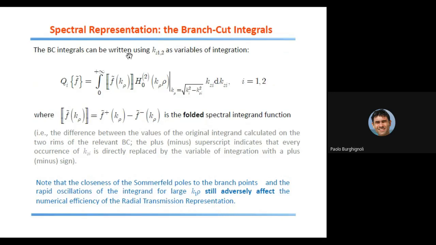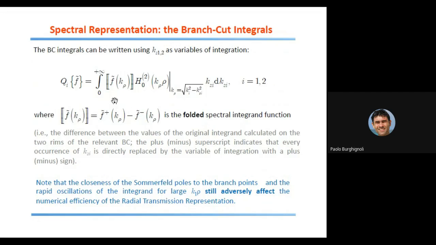The branch cut integrals can be written in particular by changing the variable of integration from k rho to kz. And of course, you will use kz1 for the branch cut originating from k1 and kz2 for the branch cut originating from k2. And they can be written in this way, where you can see here I have introduced these double square brackets, which means the folded integrand. That is the difference between the integrand calculated on the top sheet with a plus and the integrand calculated on the bottom sheet with a minus sign.